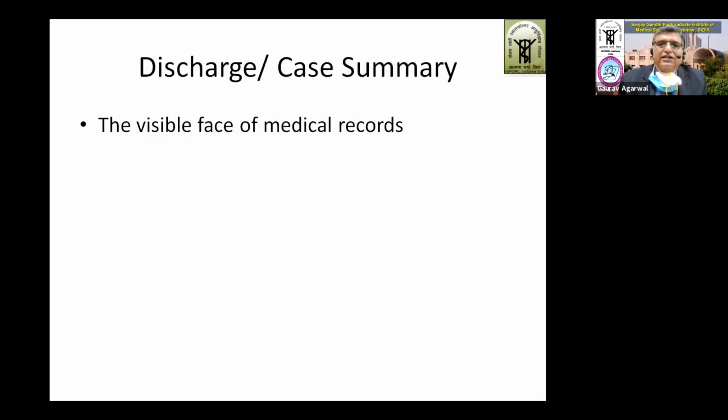In a way, these discharge and death summaries or case summaries are the visible face of the medical records. Of course, you can provide any number of other documents too to the patient or relatives, but primarily it is these summaries which are the visible face of the patient's medical records, which the patient has in her own or his own possession.